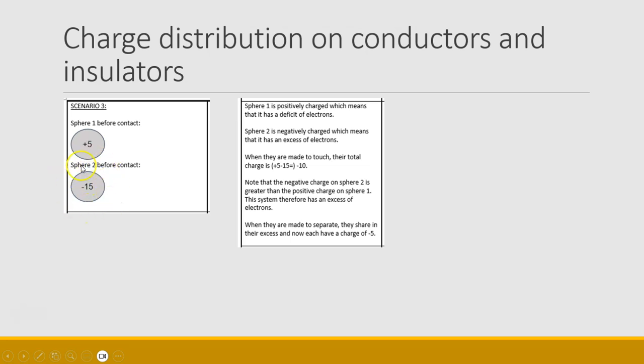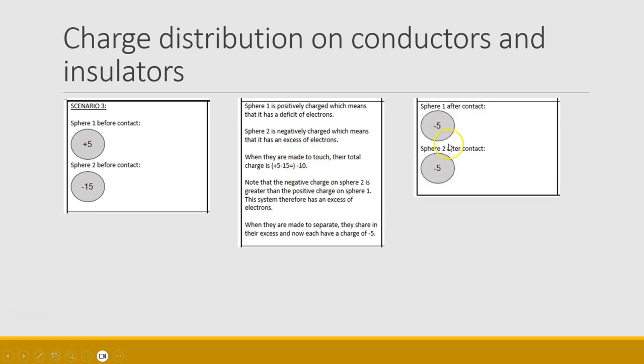Note that the excess is greater than the deficit, so we would therefore expect that once they've touched and separated, the charge on each sphere will be negatively charged. Now, if we look at the system as a whole, the total charge is +5 minus 15, which gives us a -10. So when they separate, they are going to share in this total charge of -10, and they're each going to have a charge of -5.